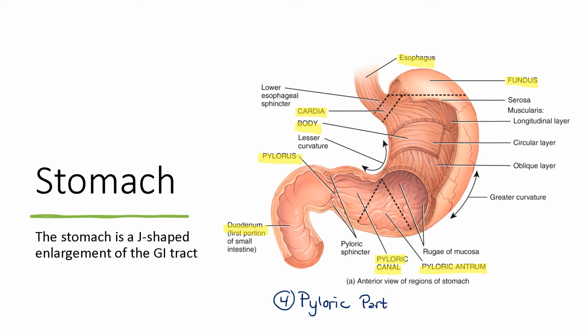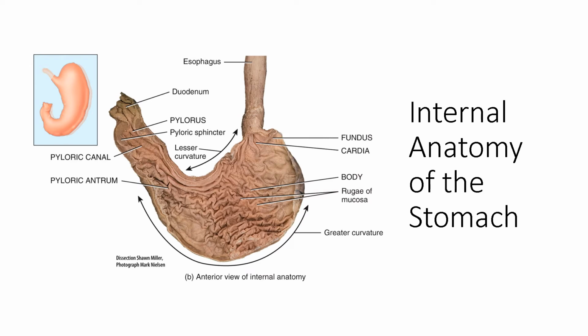So this section right here is going to be that fourth pyloric part area, made up of a couple different sections. And there's a concave border of the stomach, which we call the lesser curvature, and then a large convex lateral border that we call the greater curvature.